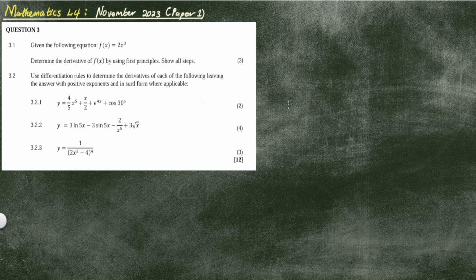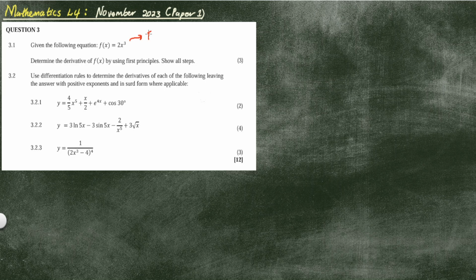So in 3.1, they've given us an equation f of x that is equal to 2x cubed. Determine the derivative of f of x by using first principles. Okay, so if I ask you to find the first derivative of f of x without using first principles, what answer are you going to get?